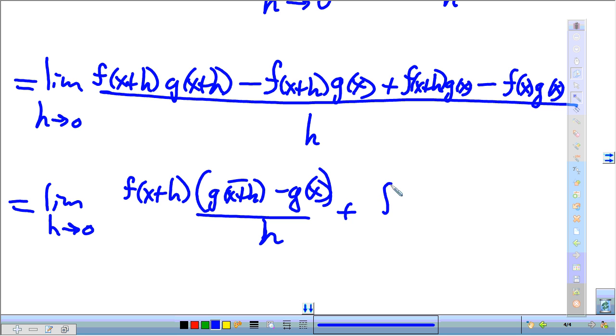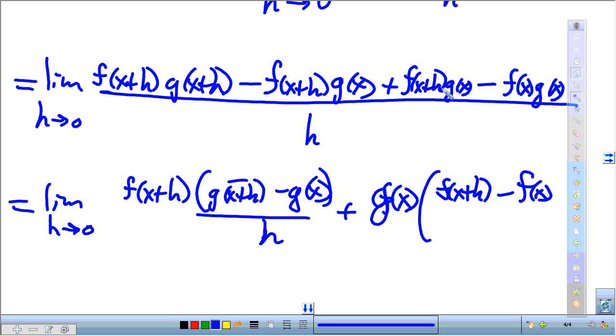And the other, if I factor out g of x, what's left would be f of x plus h minus f of x, all these things over h.